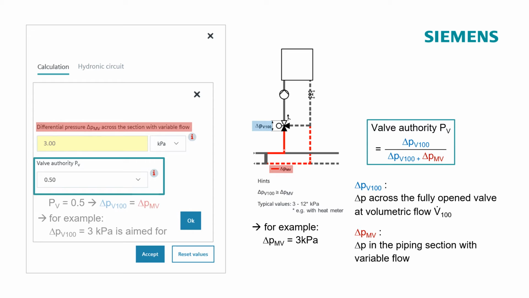A valve authority PV of 0.5 means the pressure drop across the valve, delta PV100, is the same as the pressure drop in the piping section with variable flow, delta PMV. For this example, this means that a pressure drop across the valve of 3 kPa is aimed for.